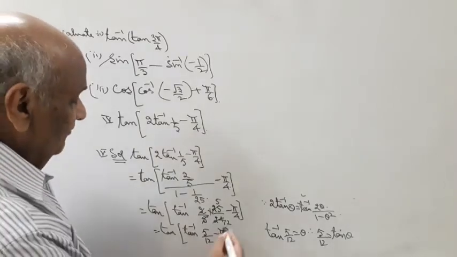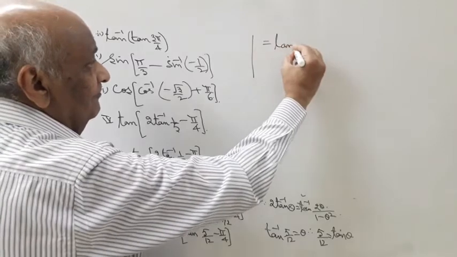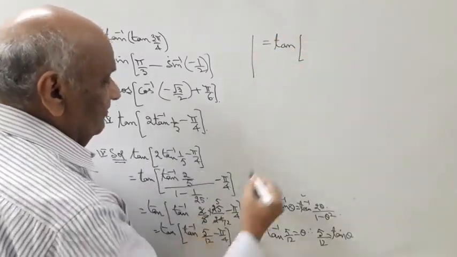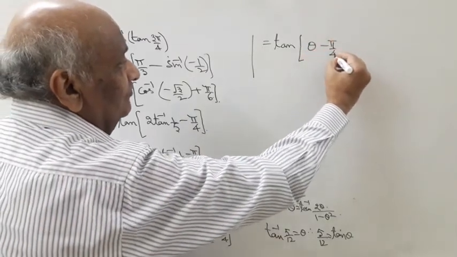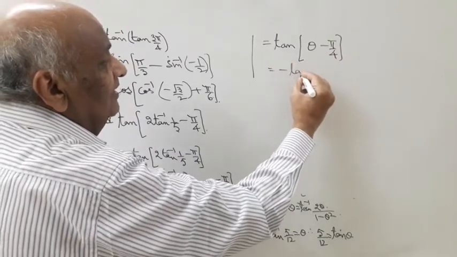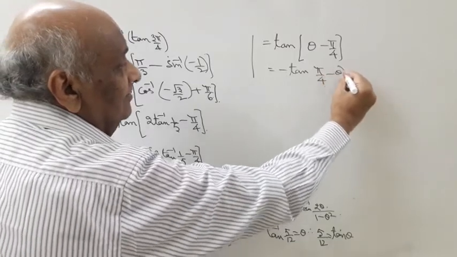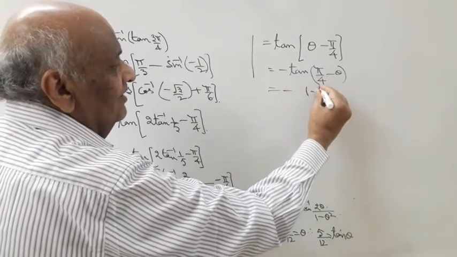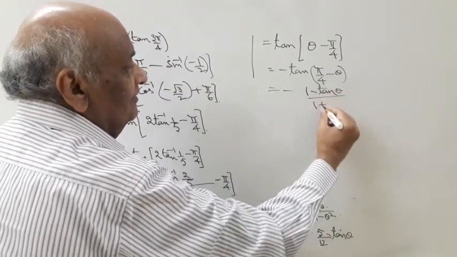Now therefore this will be equal to tangent of theta minus pi by 4. I can take out minus as common, minus of tangent of pi by 4 minus theta. So it is minus of 1 minus tan theta over 1 plus tan theta.